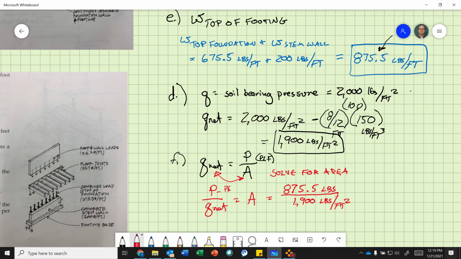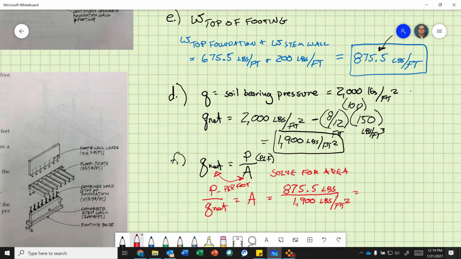We're designing basically a 1 foot long foundation. Otherwise, the units don't work out, because see, the pounds cancel out. Now we're left with area. Remember, area is a length times a width, so that's square feet. We need square feet.